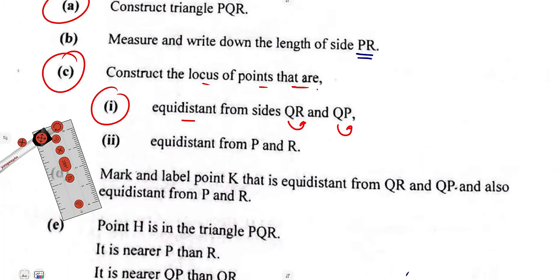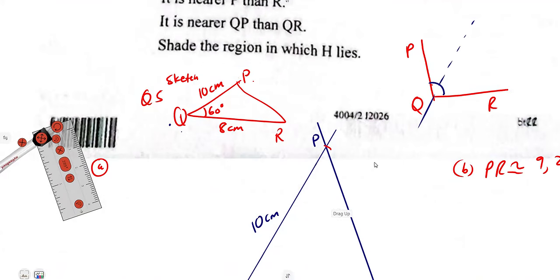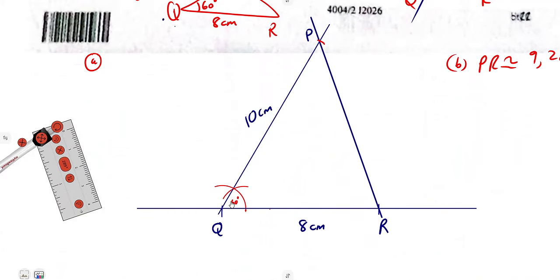So this item, at this angle Q, you bisect that one. You bisect angle Q, which is given as 60 degrees. So that was an angle bisector. Let's bisect the angle. Remember how to bisect the angle.